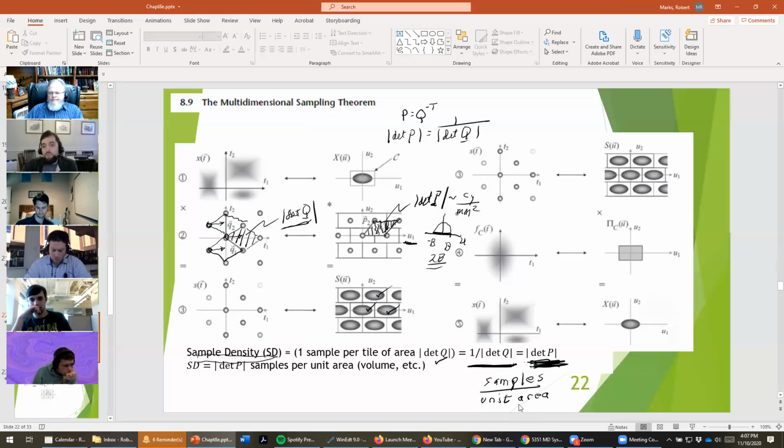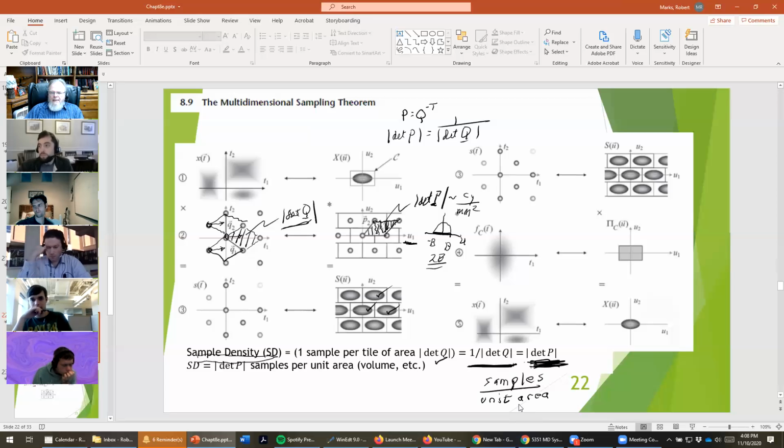Now, if we crammed the samples together in T1, but stretched them out in T2, what would that look like?